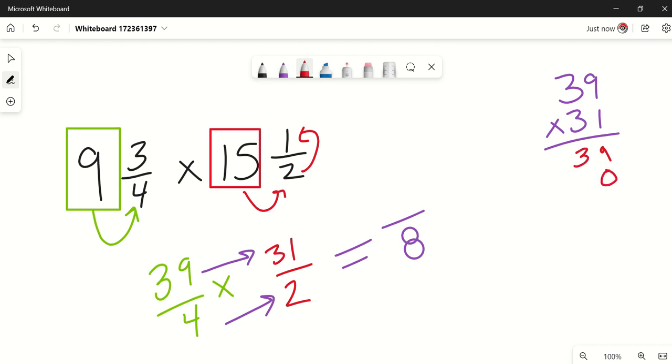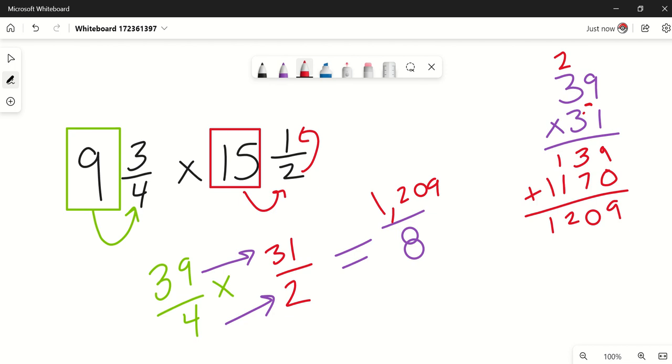Now I'm going to multiply by the 3's. 3 times 9 is 27, so put the 7 there and carry the 2. 3 times 3 is 9, plus the 2 will be 11. This will give me 9 plus 0 is 9. 3 plus 7 is 10. Carry the 1. 1 plus 1 is 2, and then 1 plus nothing. So this will be 1,209 over 8.